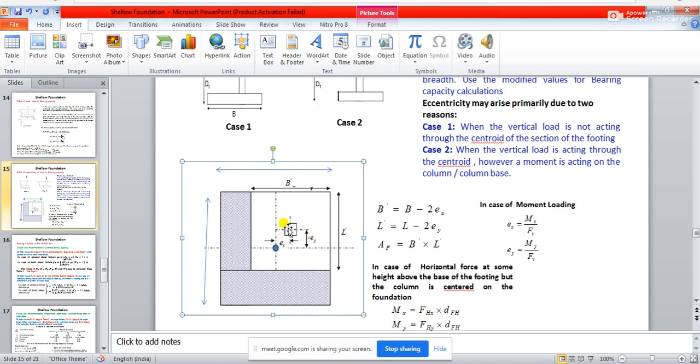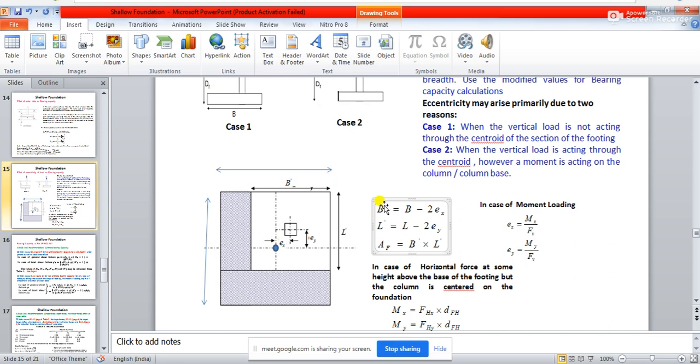So, in this case, this footing is placed at an eccentricity of Ex in the x direction along the width direction, and along the length direction at an eccentricity of Ey. Now, what do the experimental values and other observations say, as well as the Indian Standard Code, is that because of this eccentric placing of the footing, the breadth of the footing will be reduced and the effective breadth will be B dash.